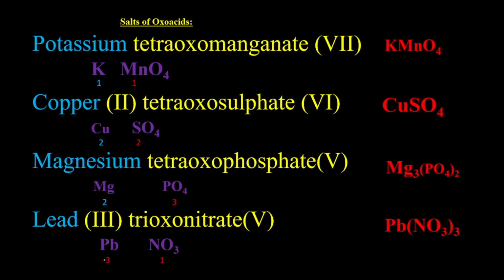Pb has a charge of plus 3. As I said, we are not interested in the positive and the negative side. So because the numbers are not the same, 3 here will move to NO3. 1 here will come here, but that is not written. So at the end, you have Pb, then in brackets NO3 here, subscript 3.